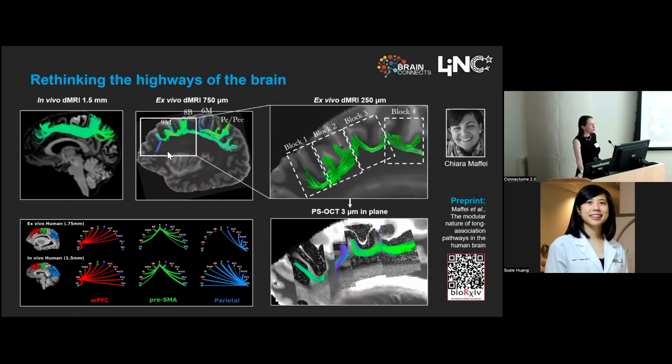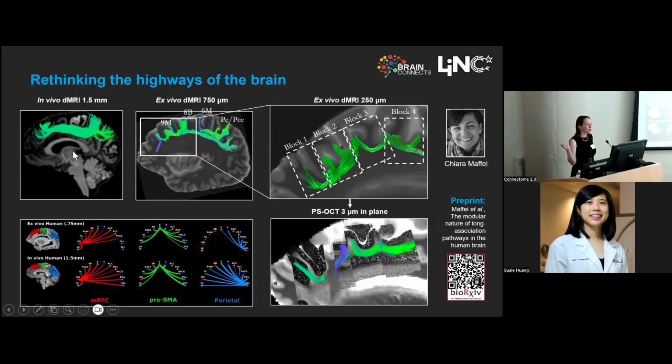Our goal was to reconstruct an accurate map of the superior longitudinal fasciculus, one of those big named highways of the brain. At first, we thought that when we got to higher resolutions, we would be able to see more of the fibers, to follow fibers all the way from the parietal to the frontal cortex. But actually, we saw the opposite.